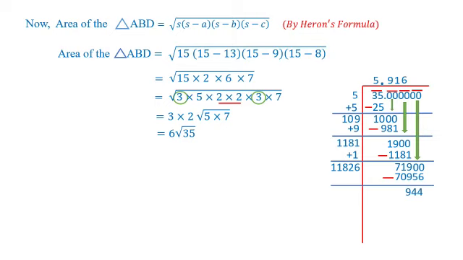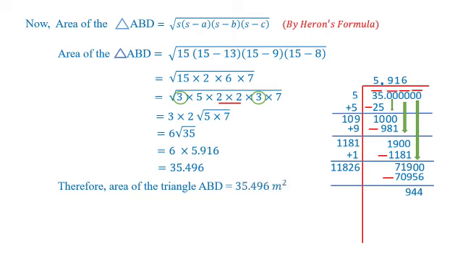Now we are going to stop here because it will go on. If it goes on like this, we are going to consider up to 3 digits after the decimal point. So now we substitute it here, and we'll get 6 into 5.916, which will give us 35.496. Therefore the area of the triangle ABD is 35.496 meters square.